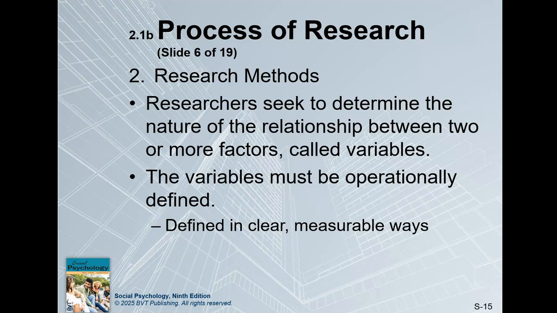They have different values. Okay, and then underneath there, you see where it says the variables must be operationally defined. Operationally defined means here's how we're going to do the research, and this is how we are going to get the result. And that is defining the operation.